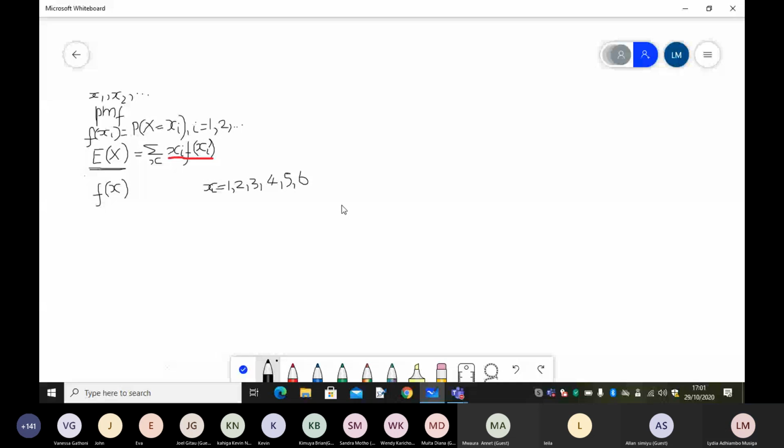So the gambler is paid a number of shillings equal to the number of points showing when a fair die is tossed. The number of points showing can either be 1, 2, 3, 4, 5, 6. But what is the probability of getting any of those numbers showing? The numbers are 6.